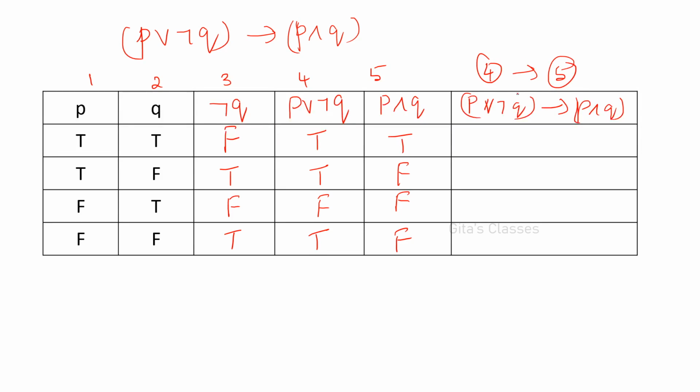If there is no place to write all those things, you can write the numbers. So here, conditional: only for TF it will become false. All the others will become true. So TF is the answer. You are asked to form the truth table, so these are the values. The last column represents the given expression.